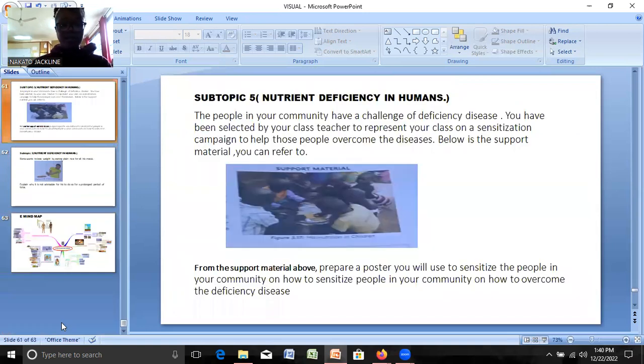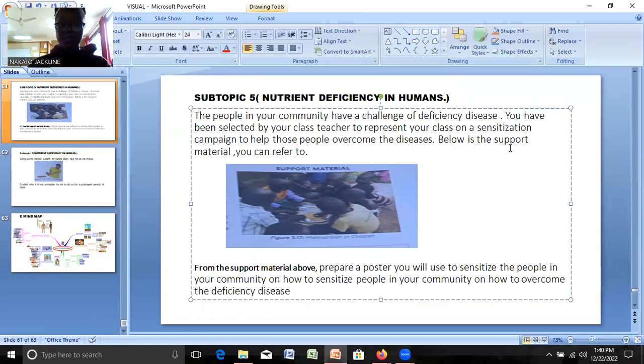So again, I gave them some practical work according to the picture. We see a support material with kids, and the question goes: the people in their community have a challenge of deficiency disease in subtopic 5, and their teacher has selected them for the sensitization campaign to help overcome the diseases in the community.